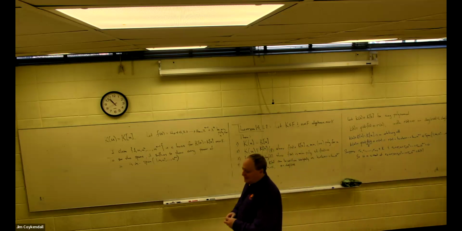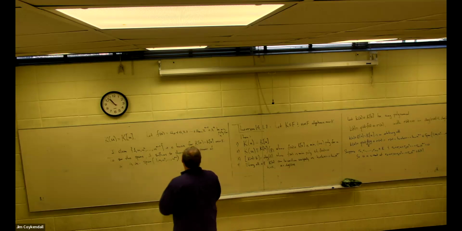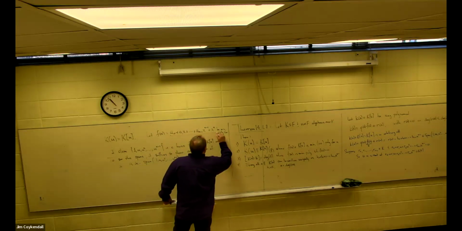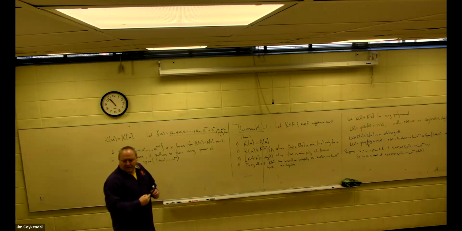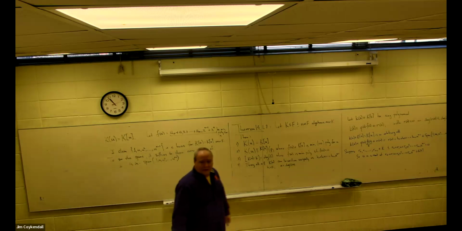Anybody see what has to happen? f, in its full degree glory, was the minimal polynomial, the minimal non-zero polynomial for u. What's the degree of that polynomial? Less than or equal to n minus 1, right?